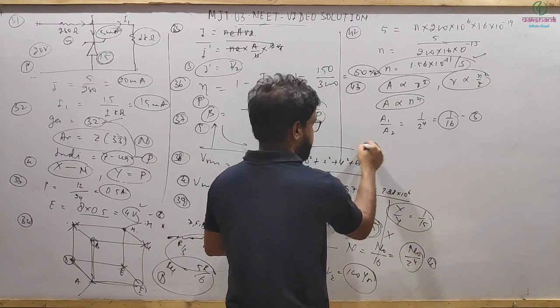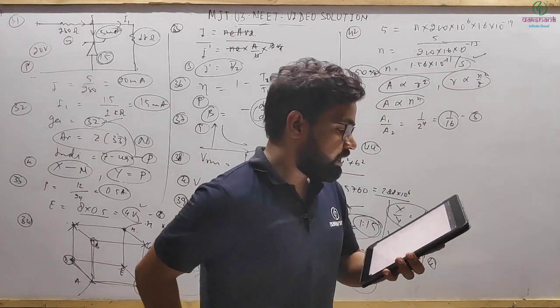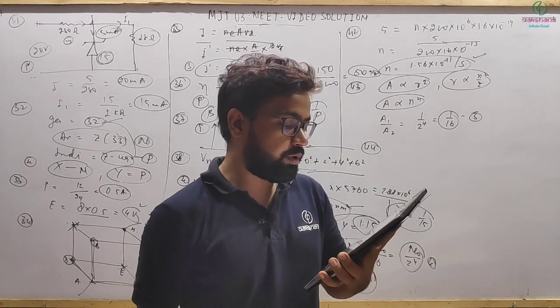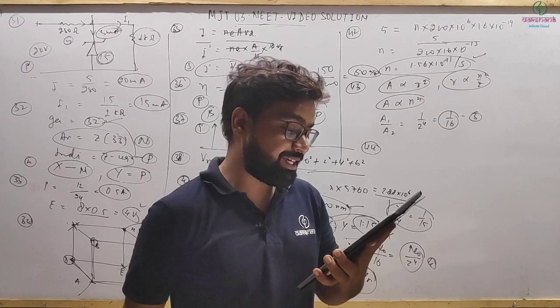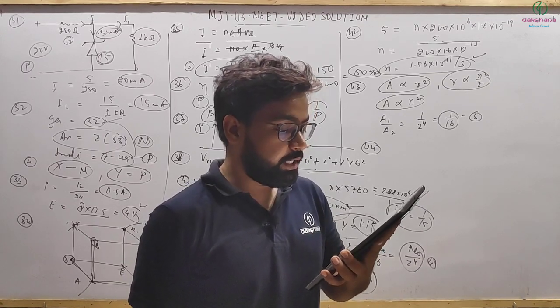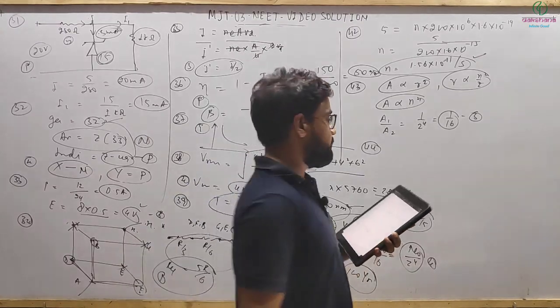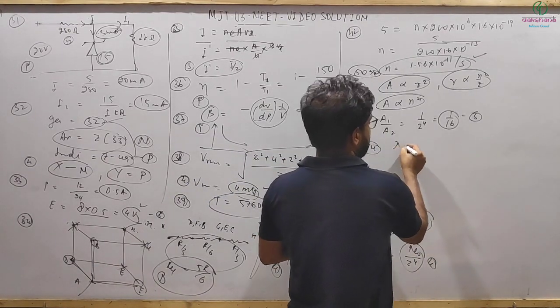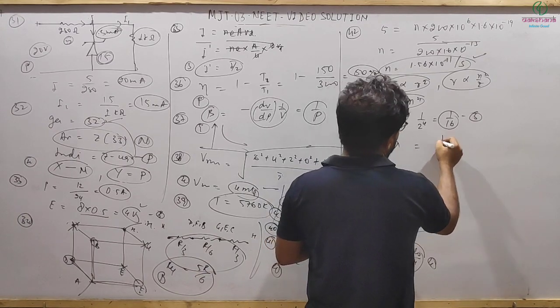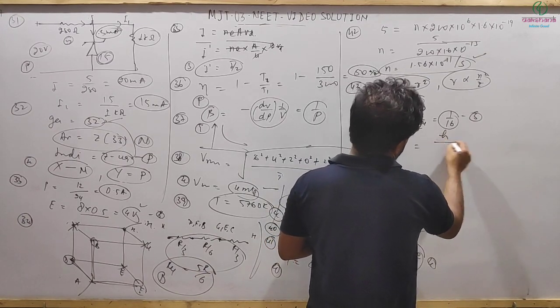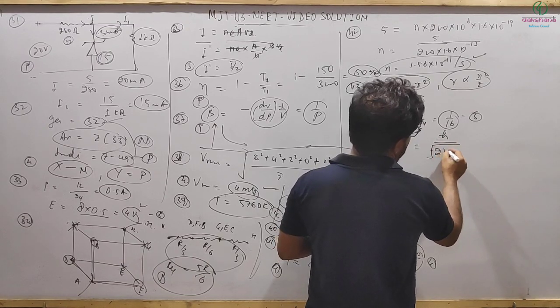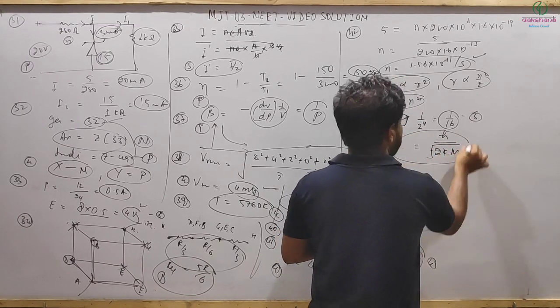Question number 44. The de Broglie wavelength and kinetic energy of a particle are 2000 angstrom and 1 electron volt respectively. If its kinetic energy becomes 1 MeV, then what will the de Broglie wavelength become? Lambda is equal to h by root over 2mK.